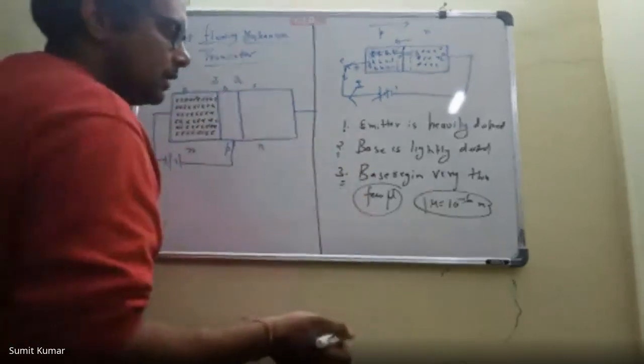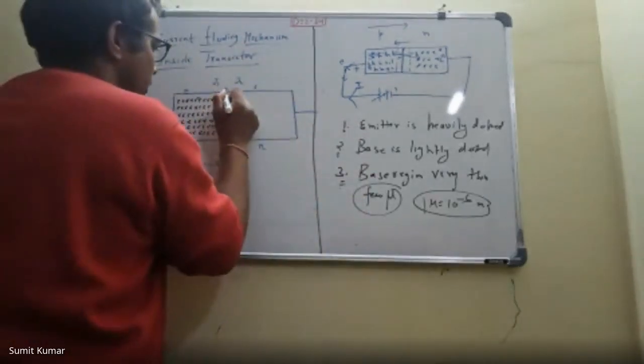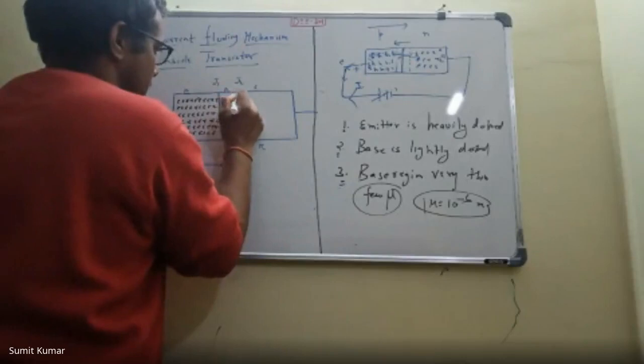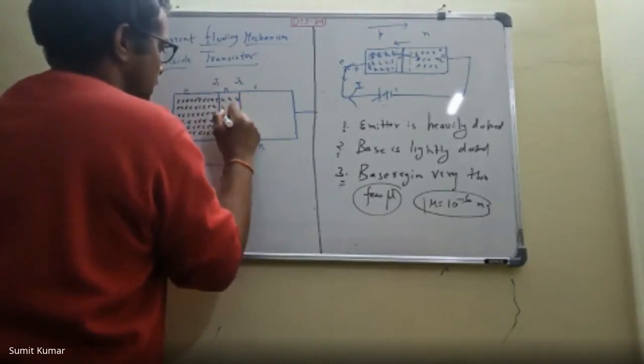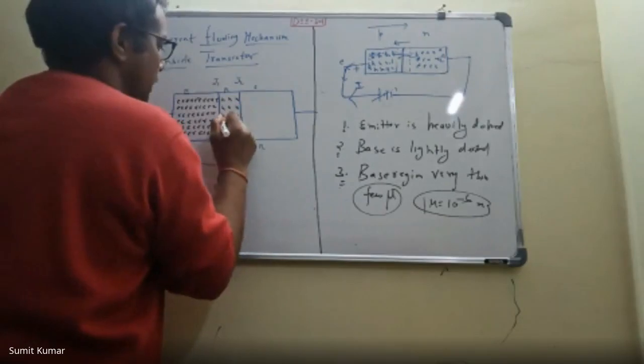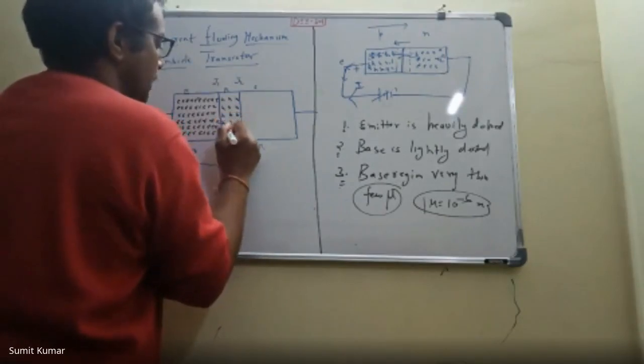And base is lightly doped. So holes are here. You can understand the meaning of lightly doped and heavily doped. I have already discussed the meaning of lightly and heavily doped.